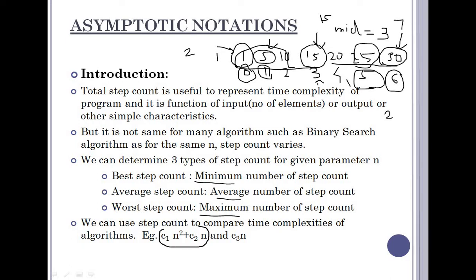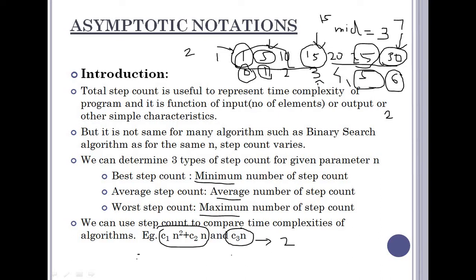Suppose that this is my step count for one algorithm, and this is the step count for my second algorithm. We can take any values of C1, C2, C3. You will always see that after a particular point, my C3n is going to be faster than my first algorithm.